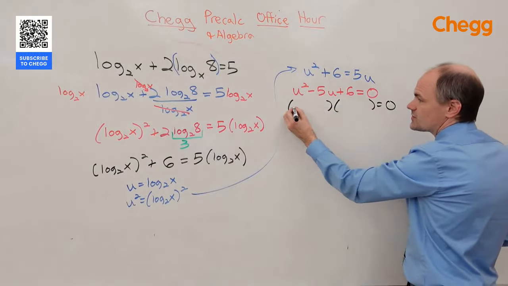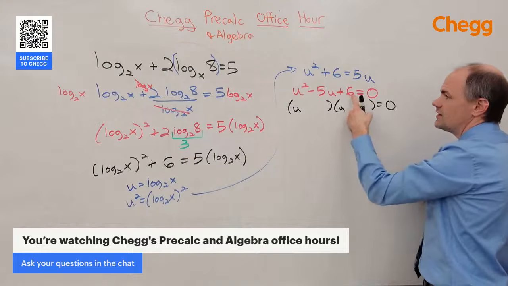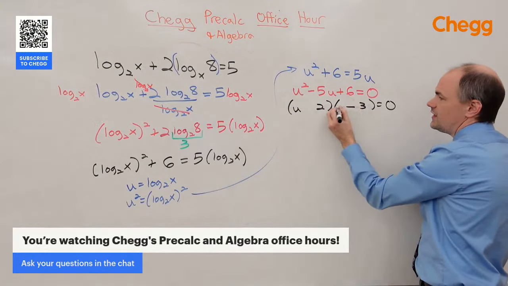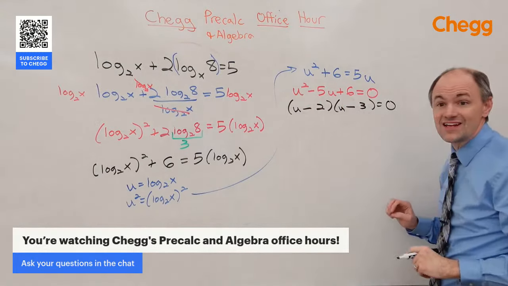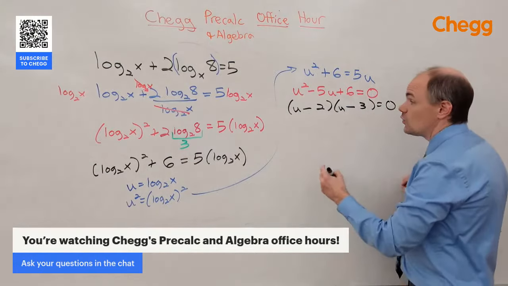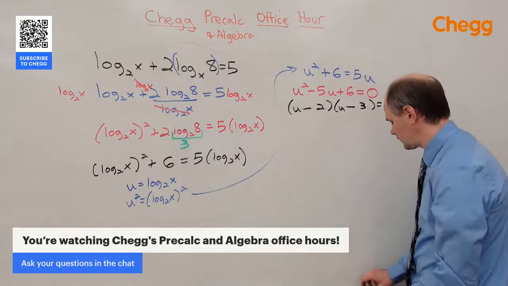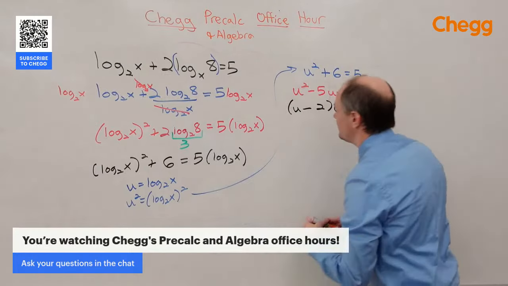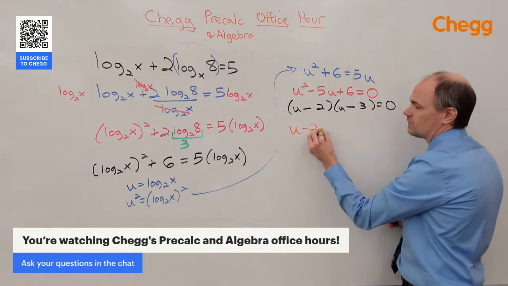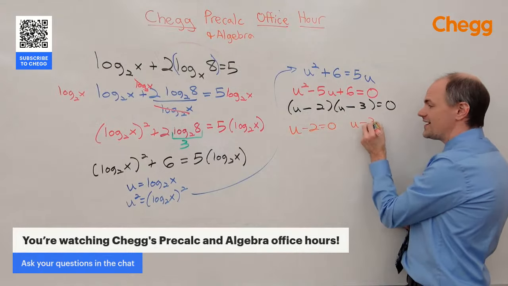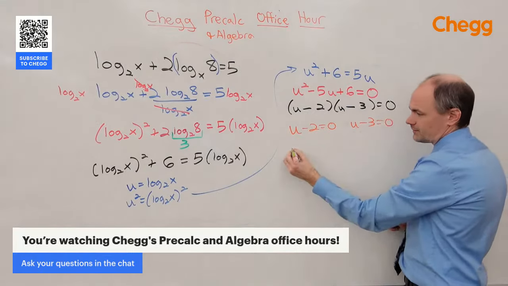All right, where did we leave off? We're factoring this expression. U squared is u times u. 6 is 2 times 3, and if they're both negative, that'll give me negative 5 in the middle, which means each one of these factors could equal 0. So either u minus 2 equals 0, or u minus 3 equals 0.